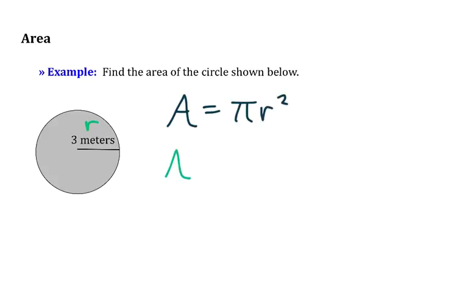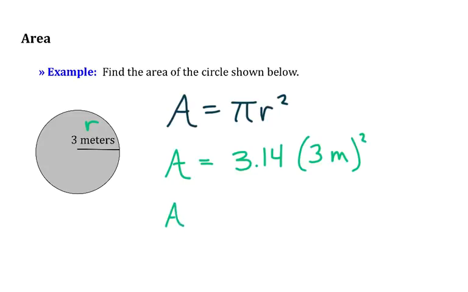So if we use our decimal approximation for pi of 3.14, and we use the radius of 3 meters squared, because again it's the radius squared, then we basically have 3.14 times 3 times 3, so squaring 3 just means 3 times 3.